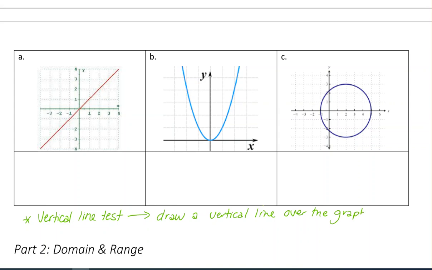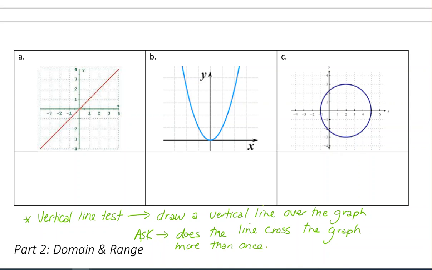Once you do that, ask yourself, does a line cross the graph more than once? So let's do that.